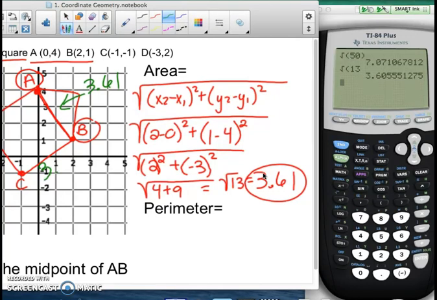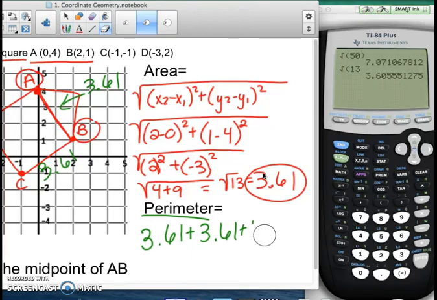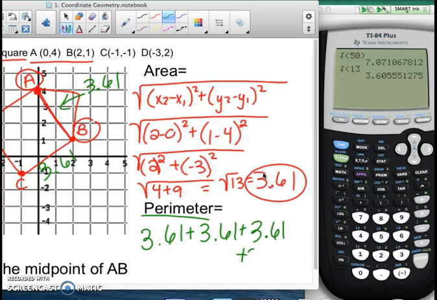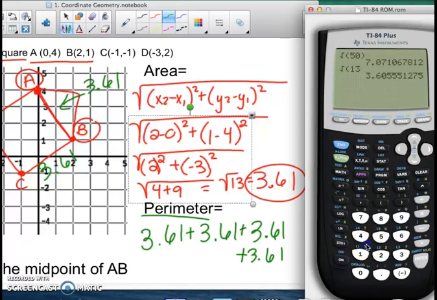So that means every single side is going to be 3.61. Okay, so for perimeter, I would just have to add 3.61 4 times, or you can multiply it by 4. Okay, so the perimeter of that shape is going to be 14.44.